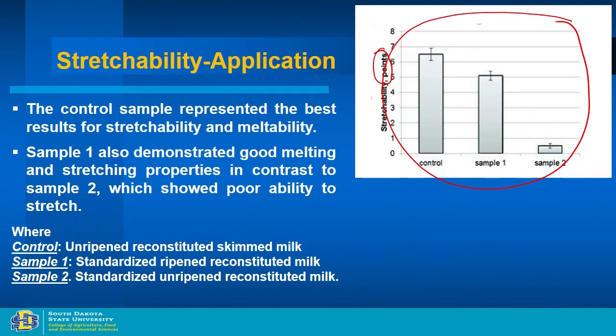Niveta says it's a sensory analysis, not an instrument analysis, because they have points. I think they probably used a 9-point scale. So they got 6.5, 5 here, and then 0.5 here. So this is about the stretchability and meltability. Again, it doesn't stretch that much, and the control had a much higher stretching going on.